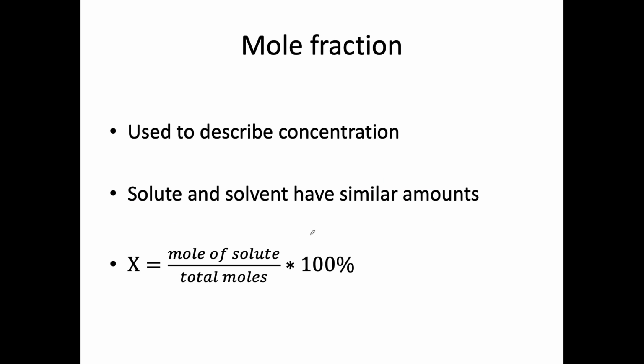So first we're going to look at mole fraction. It's used to describe concentrations, usually when the solute and solvent have similar amounts. So basically we're looking at percentages, anywhere from like 10 to 90% for each solute.